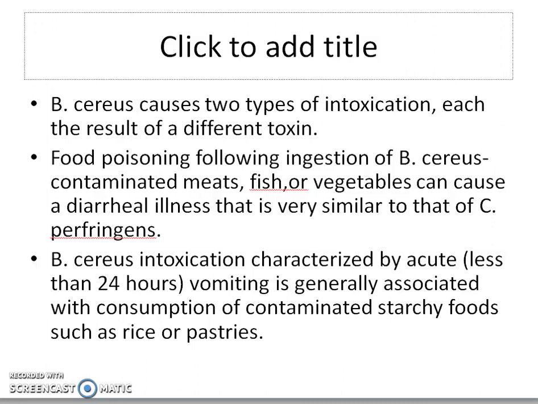Bacillus cereus is also characterized by acute vomiting. What is acute? Something which lasts less than 24 hours is referred to as acute. Vomiting lasting less than 24 hours has been found in the case of Bacillus cereus, and you also have a diarrheal illness similar to Clostridium perfringens. The vomiting could be associated with contaminated starchy foods such as rice as well as pastries.